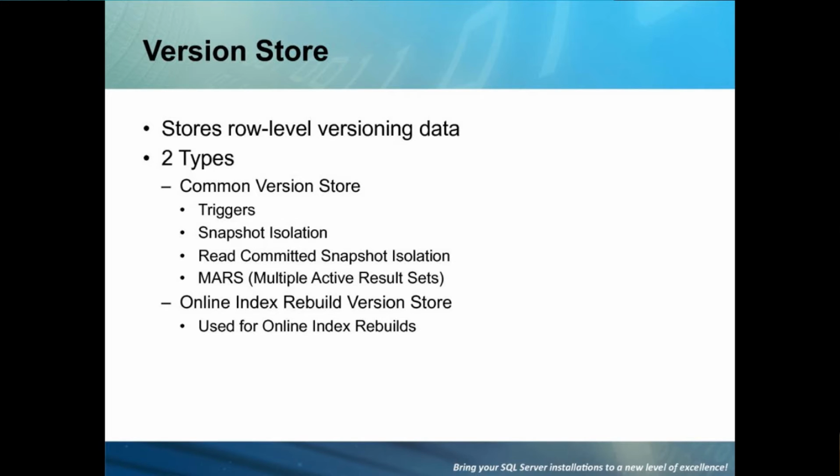So when you are using optimistic concurrency, readers are not blocking writers anymore, and writers are not blocking readers anymore. If you are running online index rebuilds, which are available in the Enterprise edition of SQL Server, you are also using a specialized version store, which is also persisted within TempDb.